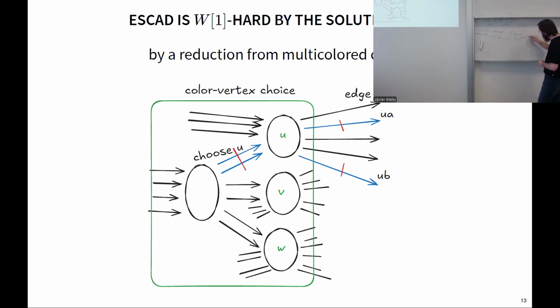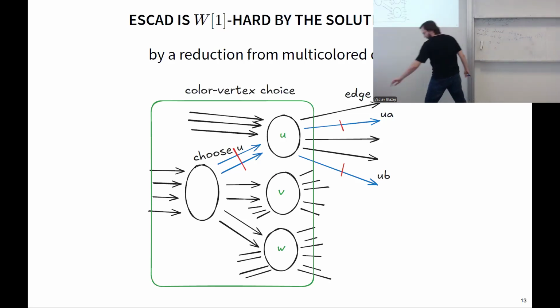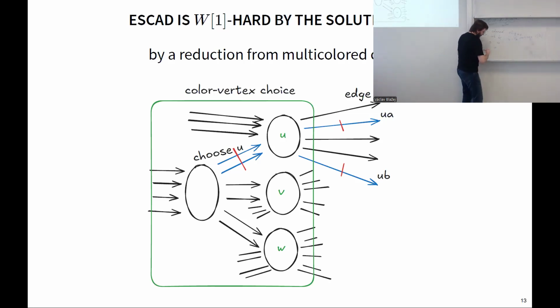What this means is that you can imagine that the vertices are colored. There are K colors, so some vertices are blue, some vertices are red, and some vertices are square.